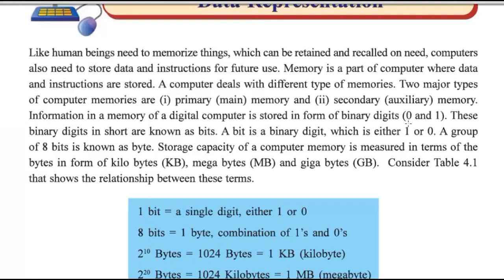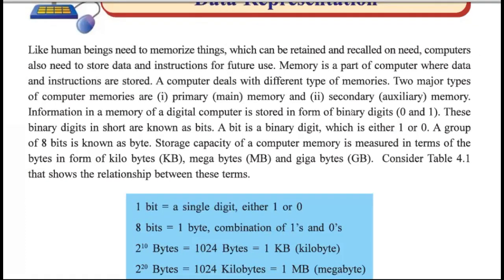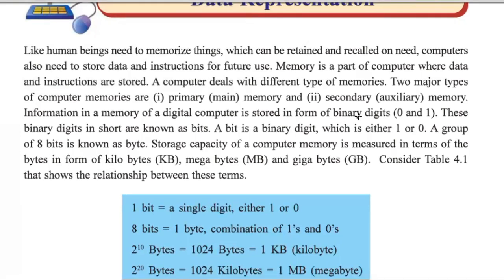In computer terms, 0 represents current off, and 1 represents current flowing. In either of these two states, the information is passed as on-off signals. The full form of bit is binary digit, so 1 bit is one binary digit.